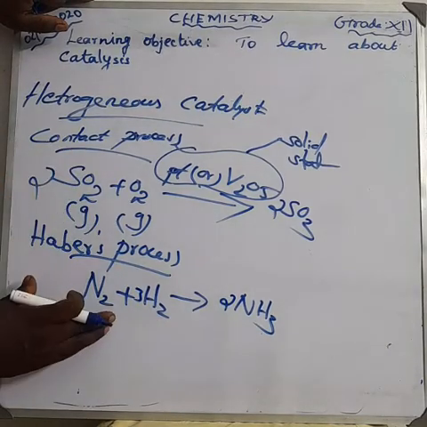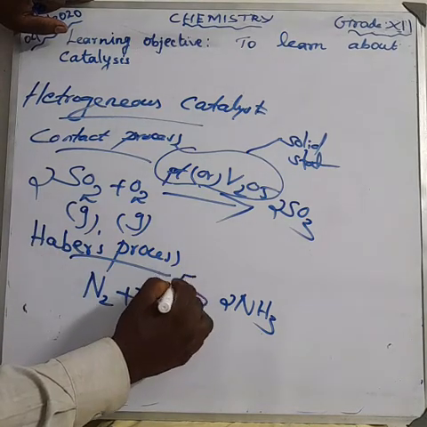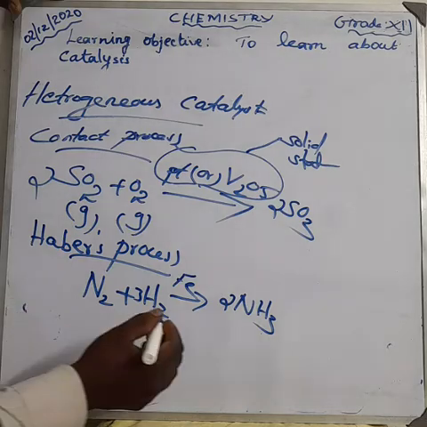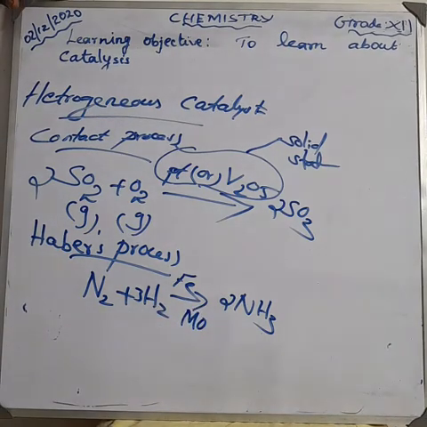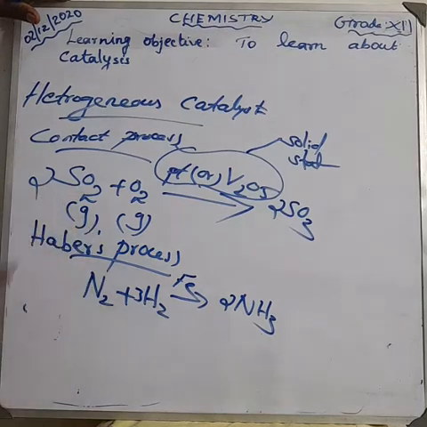Here one of the catalysts we use is Fe. Iron acts as a catalyst. Also there is a promoter, molybdenum, Mo, which we can discuss later. As per our textbook, there is only the catalyst.